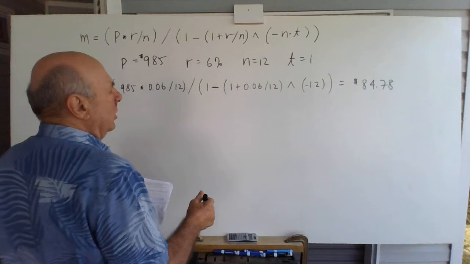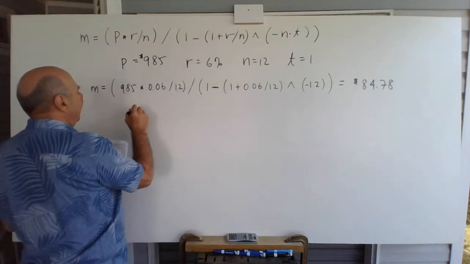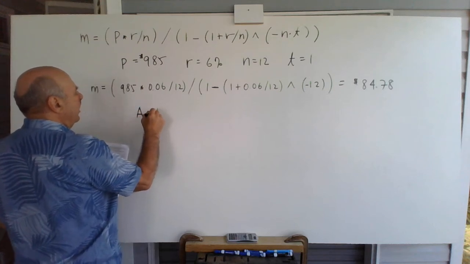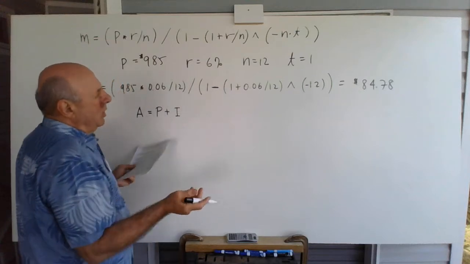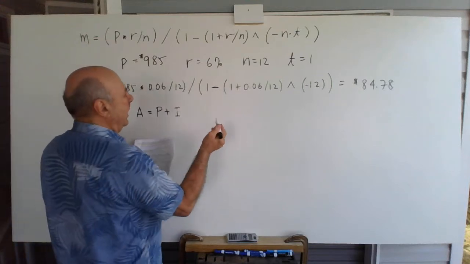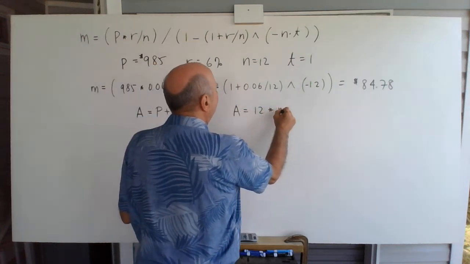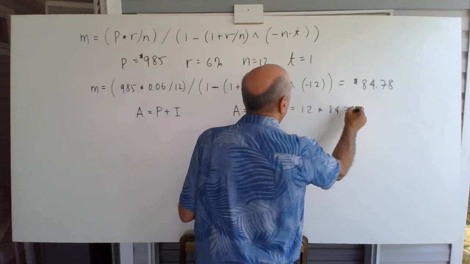So if they ask me what's the interest, well, I first have to figure out what the accumulated value is, the total value. And that'll be P plus I. But I don't know what I is. I'm trying to figure it out. But I do know what the total is by 12 times M. So that's 12 times 84.78.